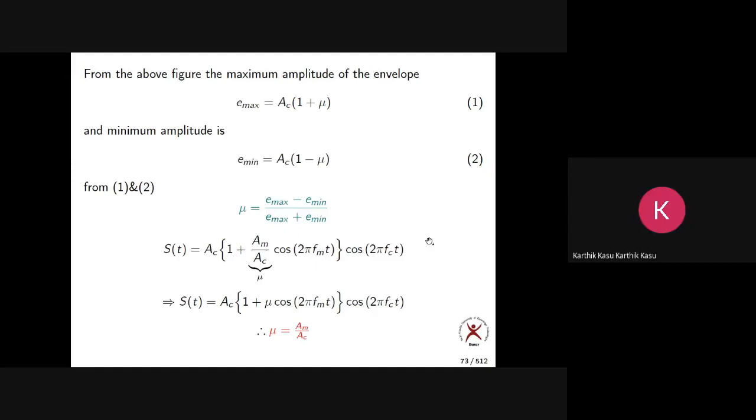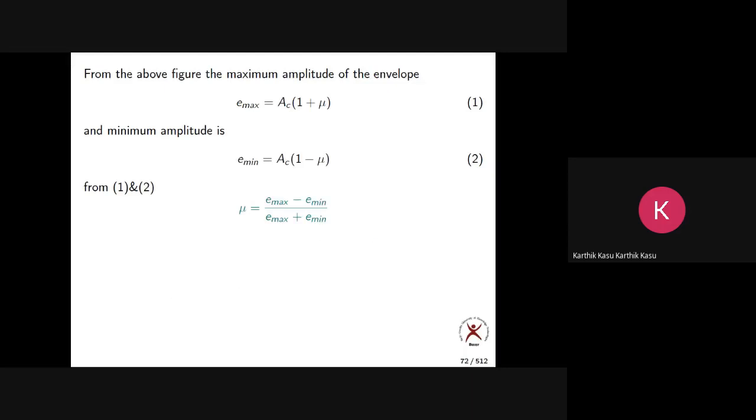Now what is KA then? You can observe what KA is. KA is 1 by AC. Observed or not?